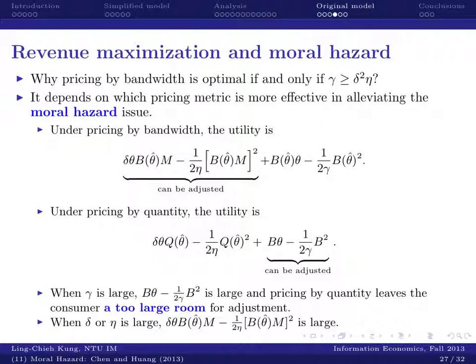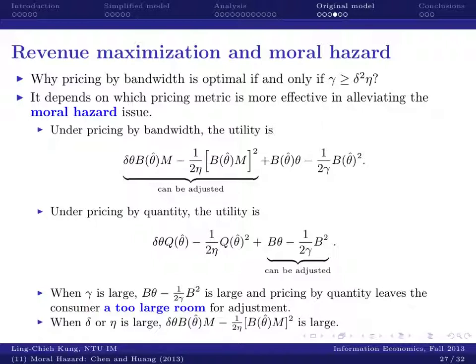If I only fix a relatively small portion of your utility and leave you a very large part to adjust, that means you have higher flexibility. That means you can do better as a consumer, and then as a seller, I cannot do better. So that's the idea.